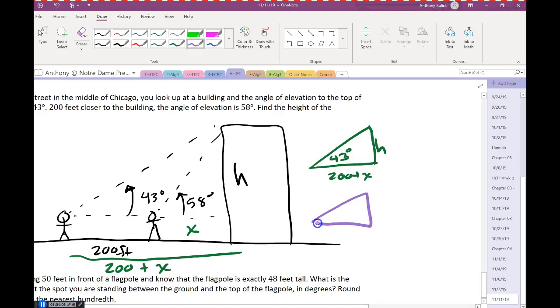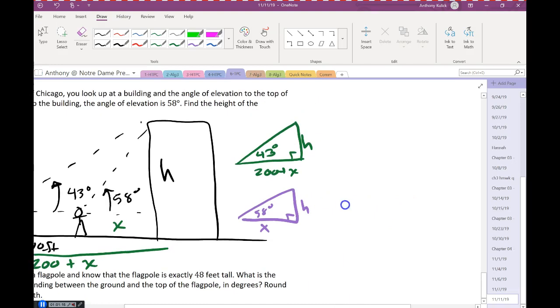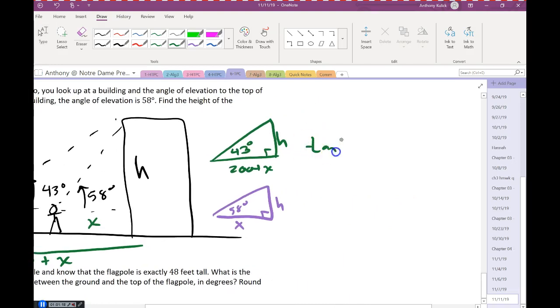And the other triangle, x, h, with 58 degrees. So here I can say tan 43 is going to equal opposite over adjacent. And here I can say tan 58 is going to equal opposite over adjacent.